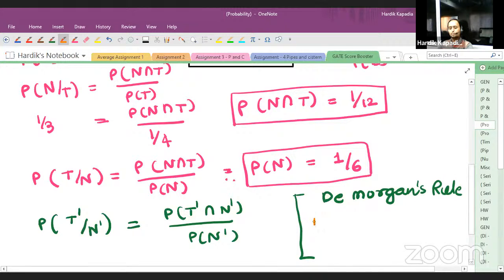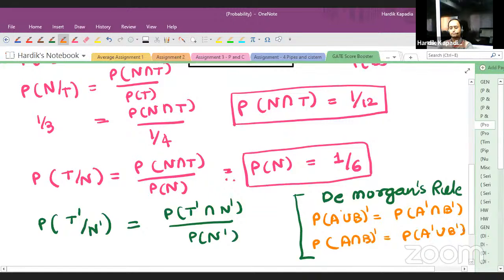Probability of A union B dash is equal to probability of A dash intersection B dash, and probability of A intersection B dash is equal to probability of A dash union B dash.